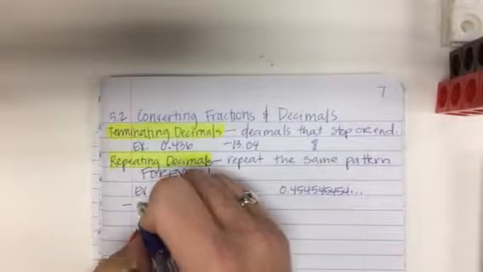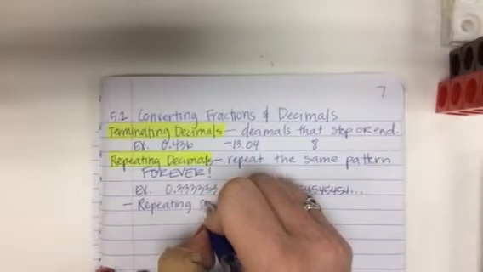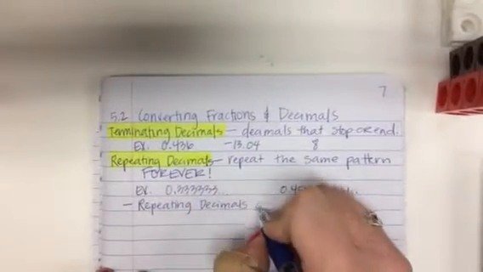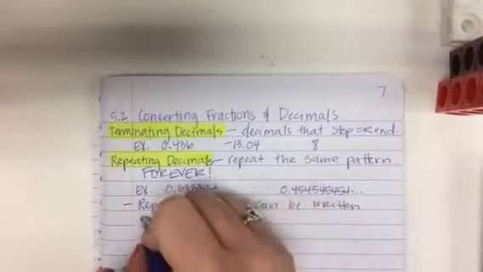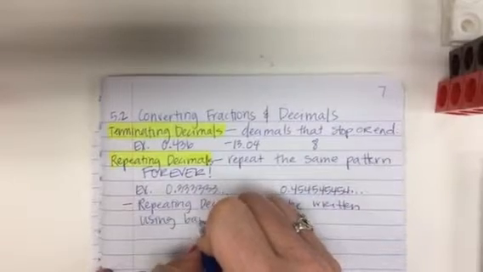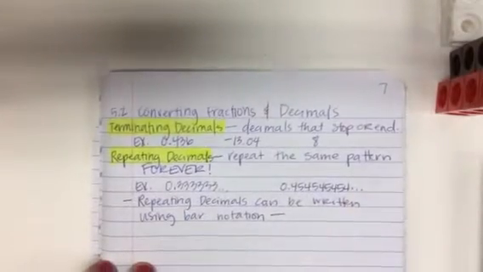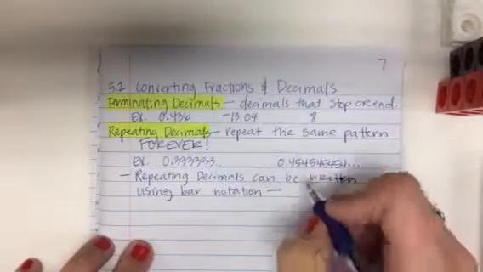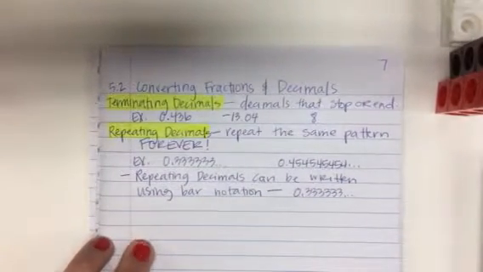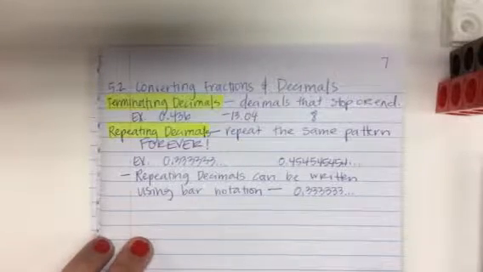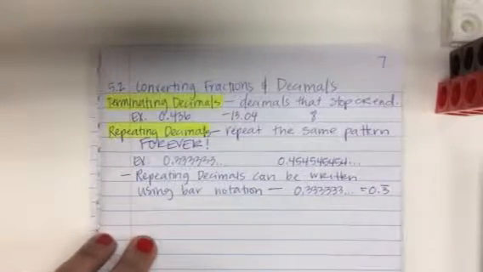So since they're kind of a pain, repeating decimals can be written using bar notation. Have you seen bar notation before? Instead of writing 0.333333..., I'd write 0.3 repeating with a line over it.